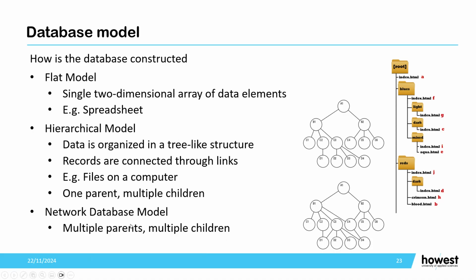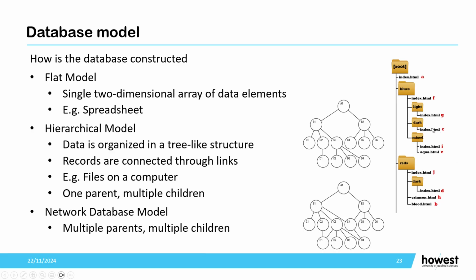In a network database model, it's very similar, except that sometimes you can have multiple parents per node. For example, C4 has both B1 and B2 as a parent and has D4 as a child. The main idea I think about when thinking about such a structure is that you have a link here that also points to here.